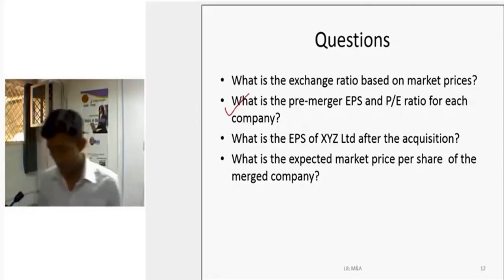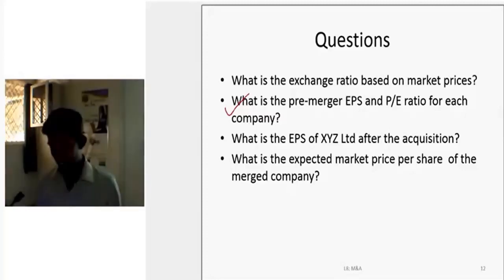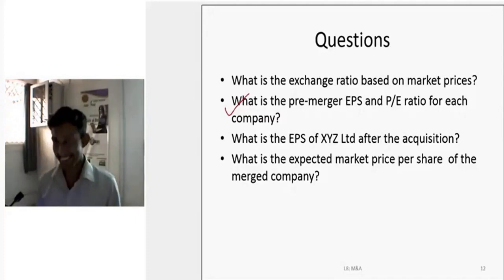Right, okay. So what we were discussing is, based on the question, to calculate the exchange ratio based on market prices. So when it comes to exchange ratio, we need to just have a look at the calculation we did.